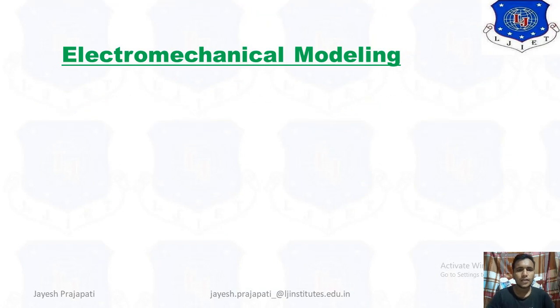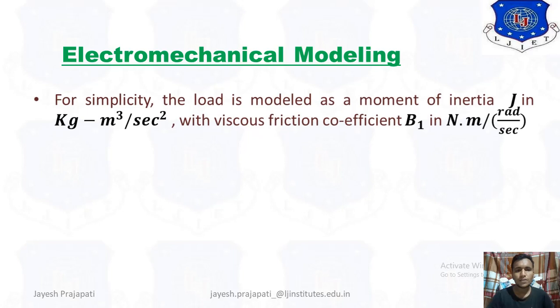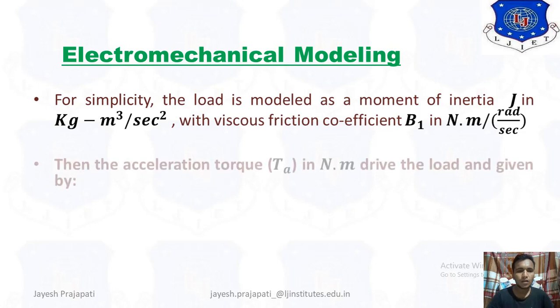Now the electromechanical modeling. For simplicity, the load is modeled as a moment of inertia J in kilogram meter square, with viscous friction coefficient B1 in Newton meter per radian per second.